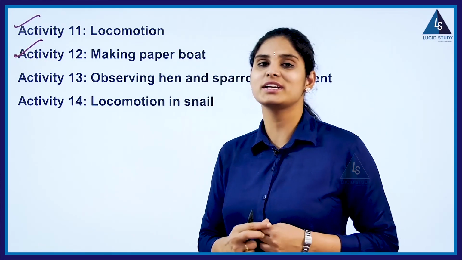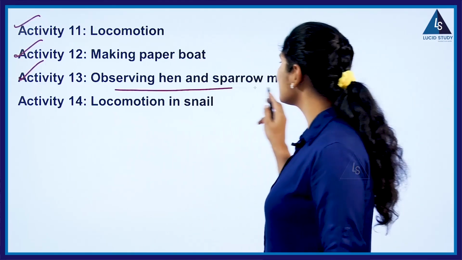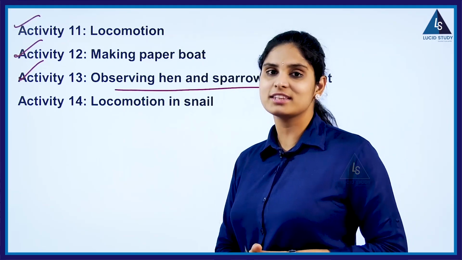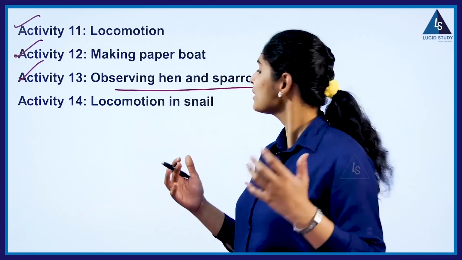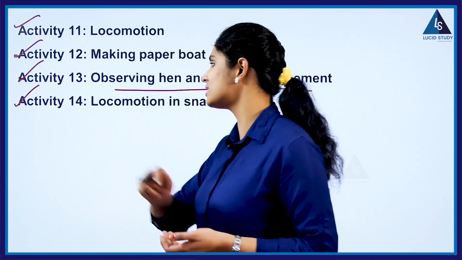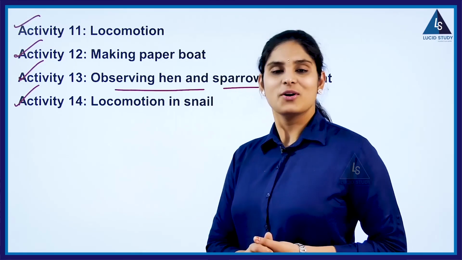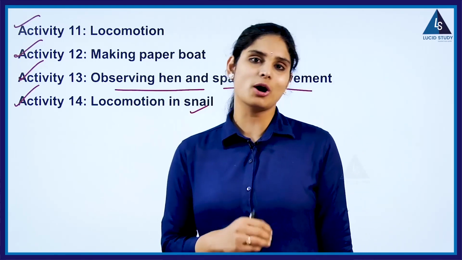Wow, we are going to do an interesting activity here. Also activity 13, observing hen and sparrow movement. Yes, we are going to see the hen and sparrow movement. So we will learn about locomotion. Then we have, last but not the least, activity 14, locomotion in snail. Wow, so come on, let's start our class with our first objective.